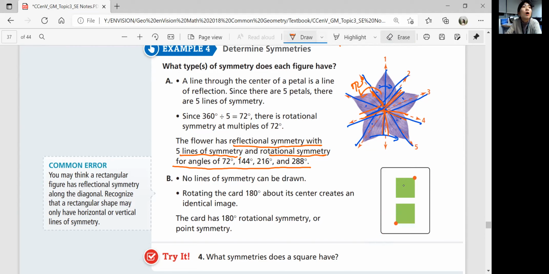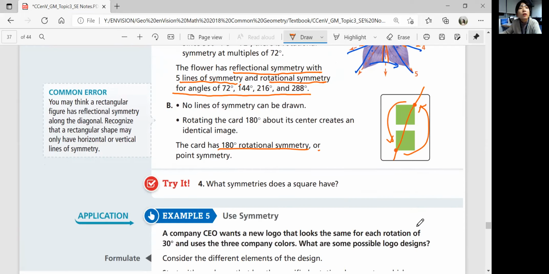Okay, so no reflectional symmetry, right? Rotating the card 180 degrees, though, should create an identical image. So this could be in place of this, and this could go here by rotating 180 degrees. Okay, but reflectional symmetry does not work. Rotational symmetry works. So it only has rotational symmetry, or point symmetry.